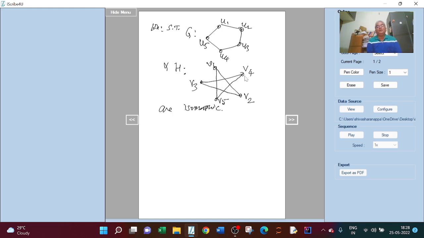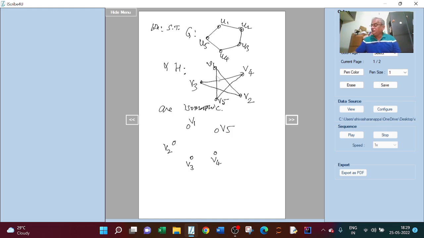Now if I write this graph H in a different way, first I write 1, 2, 3, 4, 5, and take these as V1, V2, V3, V4, V5.